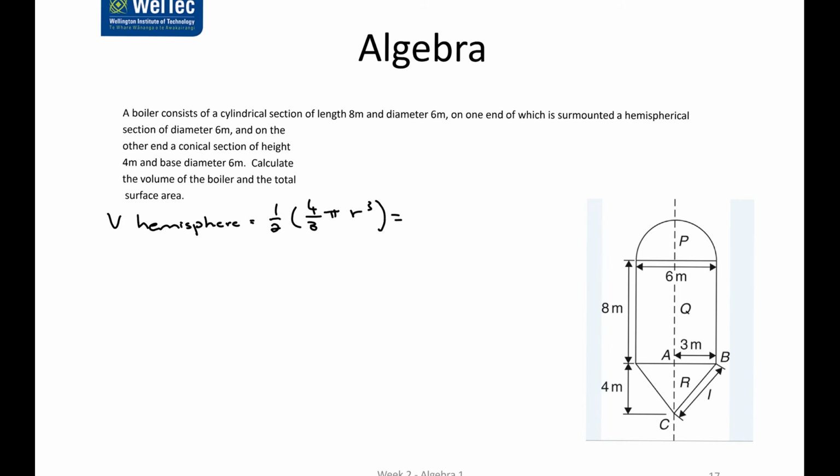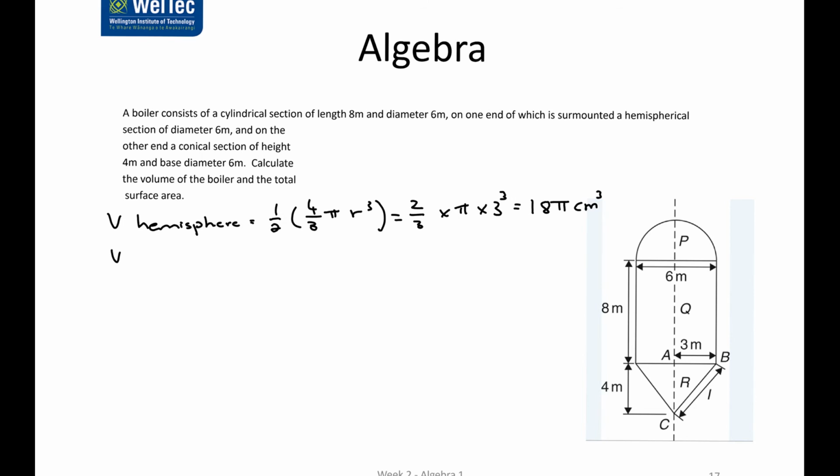And if we look at the bit in the diagram, the radius is 3. We add that bit up, so it'd be 18 pi centimetres cubed.